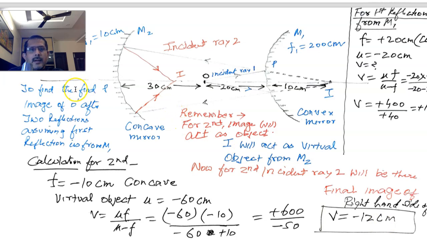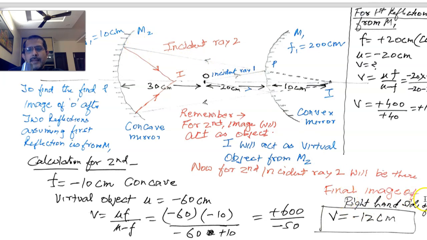Okay. Let me quickly read whatever I have written. Remember, for the second mirror, the image will act as object. It will act as a virtual object for M2. Now for the second mirror, incident ray 2 will be there.